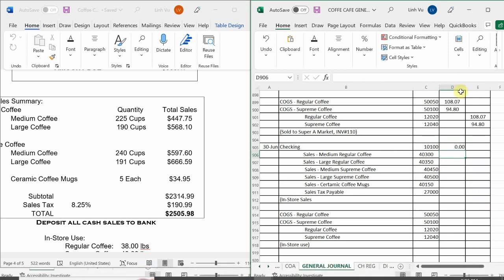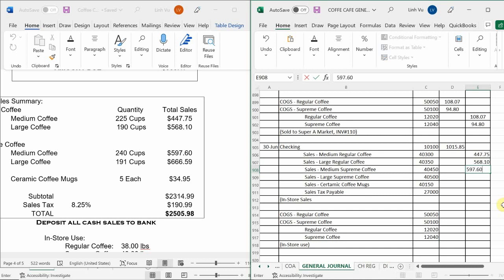So again, let's go ahead and calculate all of my sales. So here, sales of my medium regular coffee is 447.75. Okay. And next 568.10. Okay. 597.60.